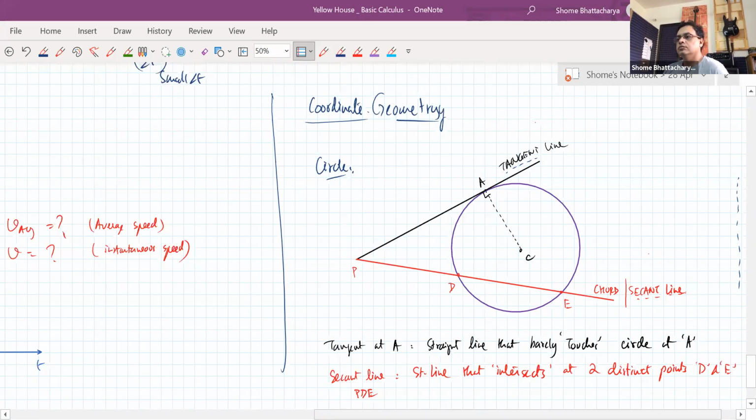Sir, supposing if we take a tangent in a square, can we say that it can overlap with one of the sides, or does it have to go from the vertex? Yes, exactly. 100% correct. Whether it is a square or you're just drawing a straight line also, the tangent at any point on the straight line is nothing but the straight line itself.